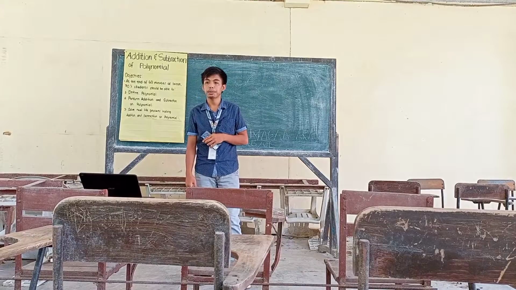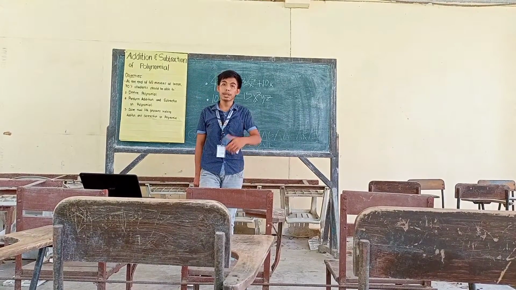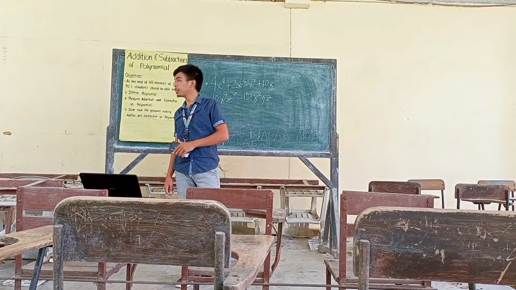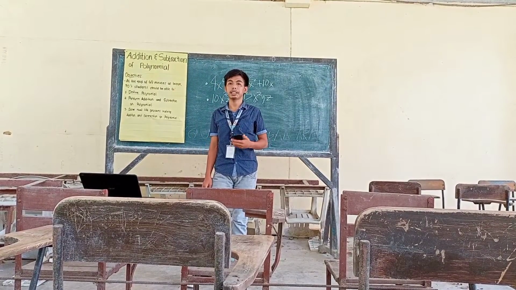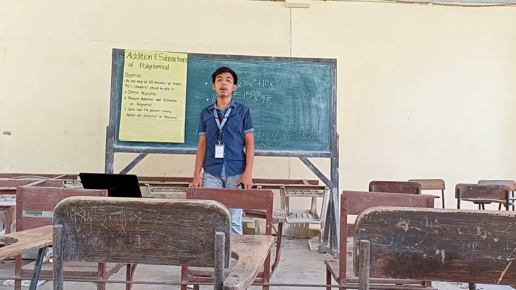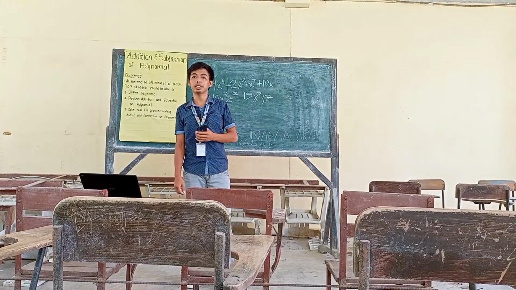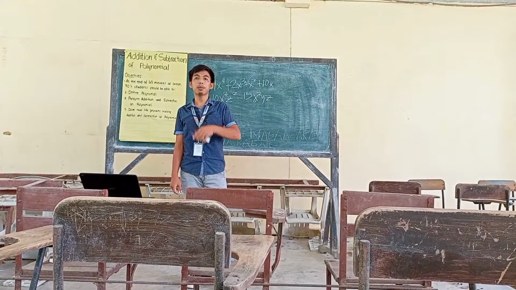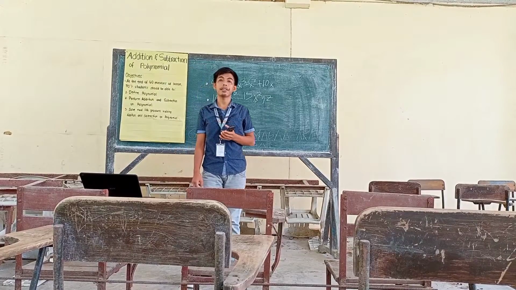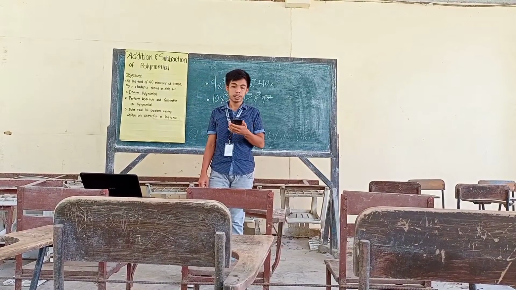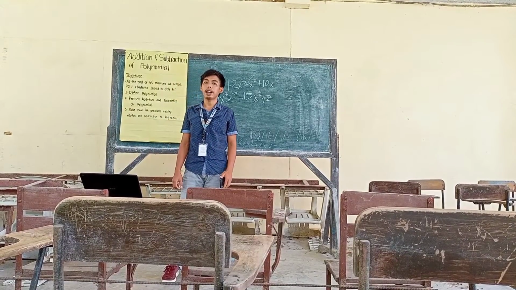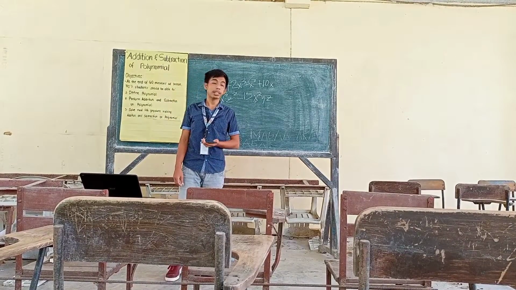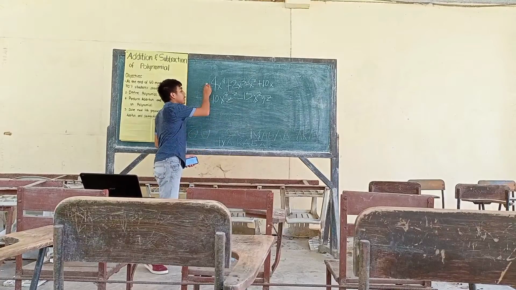Yes, thank you. So before we start our new discussion, we can recall the last topic we discussed. The topic was about classifying algebraic expressions, which are polynomials, according to their degrees and number of terms. So we can recall the algebraic expression, for example.